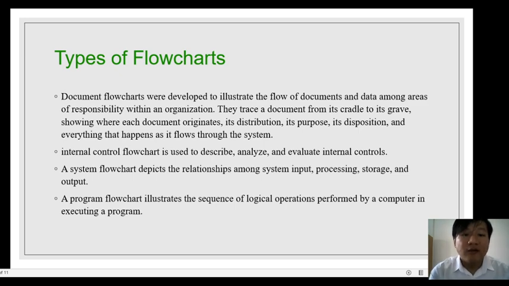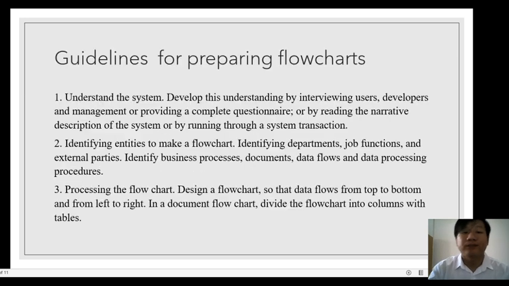An internal control flowchart is used to describe, analyze, and evaluate internal control. A system flowchart depicts the relationship among system input, processing, storage, and output. A program flowchart illustrates the sequence of logical operations performed by a computer in executing a program.